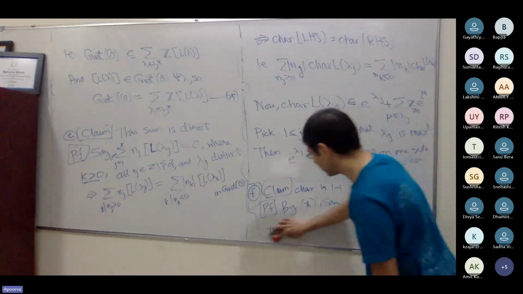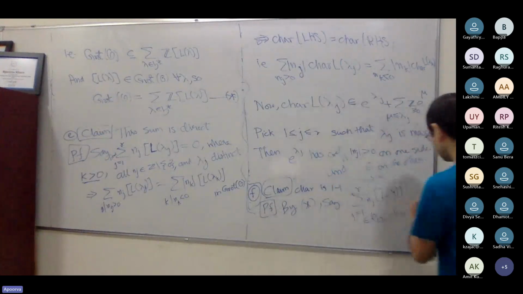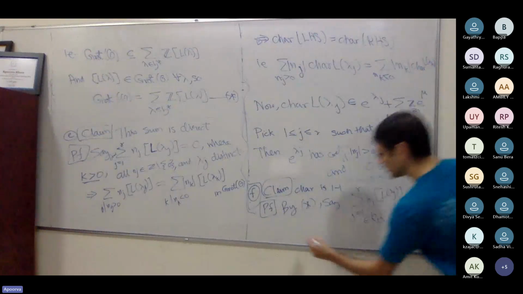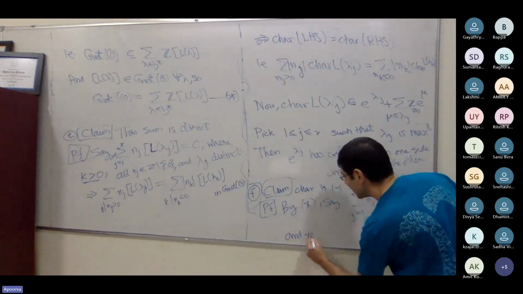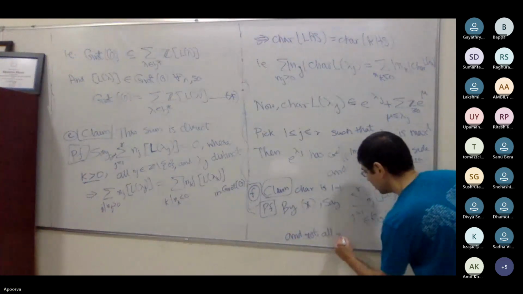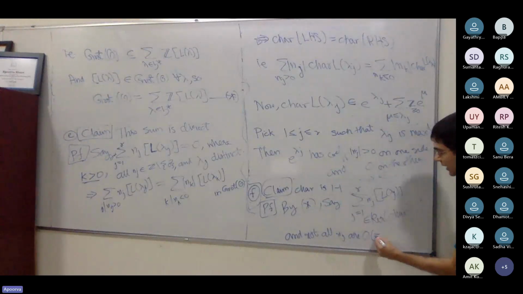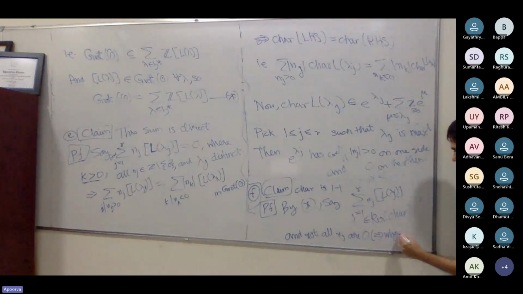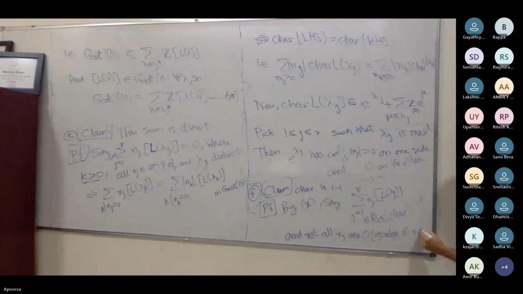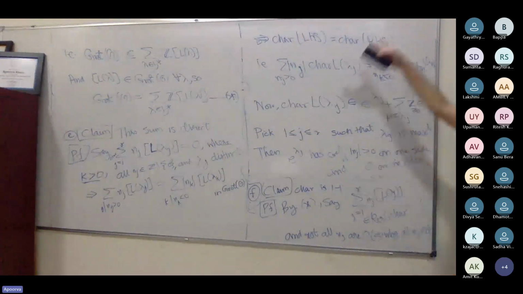Well, fine. Before I do that, let me just say that at least one of these is non-zero, not all n_j are 0. So without loss of generality, we can assume that all n_j are non-zero.